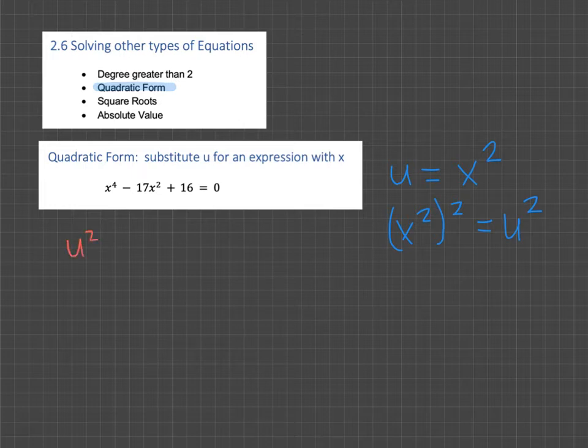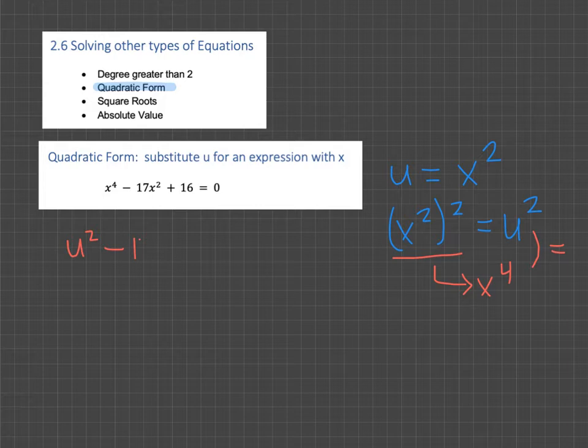If we take this exponent to the exponent, we multiply 2 times 2, and we get x to the fourth. So these two things are equal. So x to the fourth equals u squared. I'm just stating I want x squared to be equal to u.